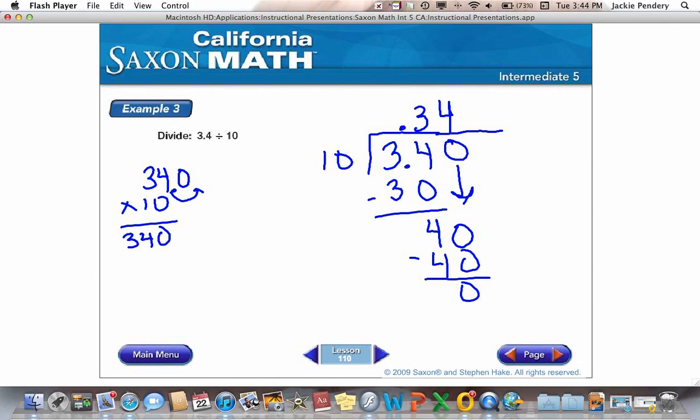When I divide by 10, I'm doing the same thing, 3.4, but now I'm going to move the decimal one place to the left. My number is going to get smaller, leaving me with 0.34. So this is the long way to solve this problem. This is the short way to solve this problem. Okay, and we'll look at this again in example 4.